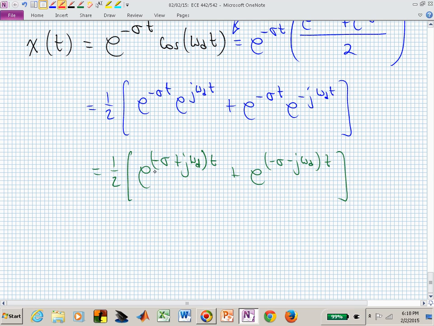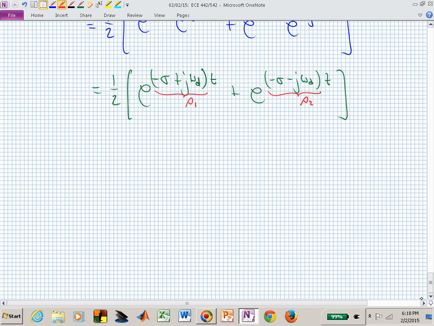And I'm going to now just call this little s sub 1. That's a complex number, minus sigma plus j omega sub d. This is also a complex number. It's actually the conjugate, but I'm just going to call them S1 and S2 if I need to. I'm just showing you that those are complex numbers by saying S1 and S2.